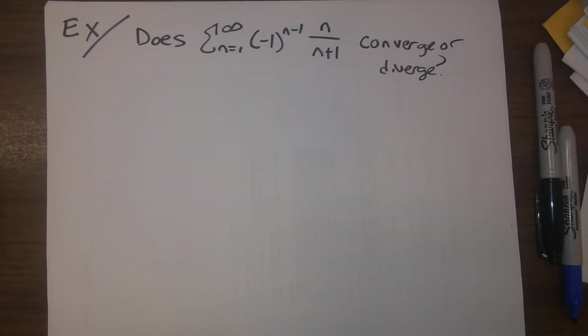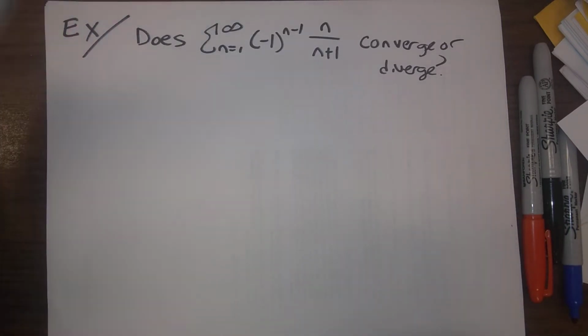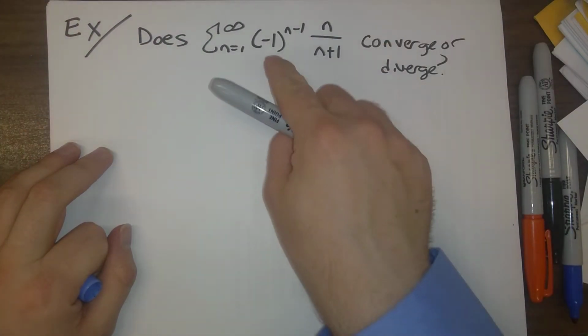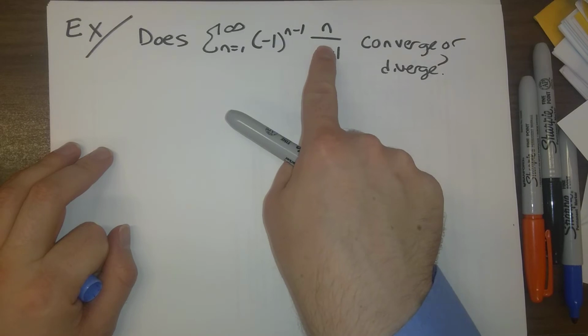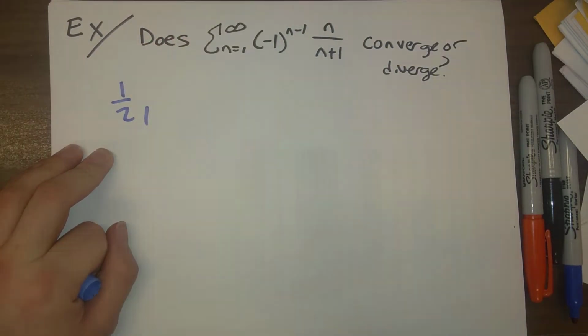Another example, maybe a little bit more subtle: does the sum from n from 1 to infinity of (-1)^(n-1) times n divided by n plus 1 converge or diverge? Let's write out a couple terms here. When n is 1, this is 1 over 1 plus 1, so the first term is 1/2.